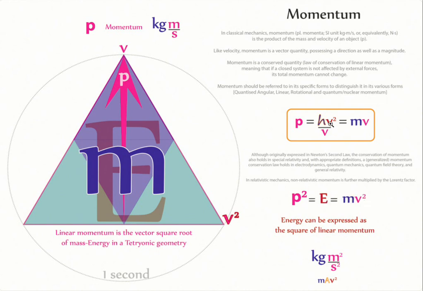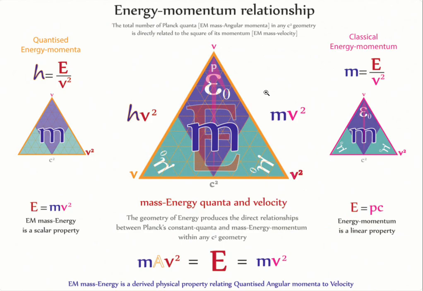We can quantize that obviously using the equilateral geometries, giving us mass geometries or Planck's constant, to give us the quantized or quantum mechanical interpretation of classical mass velocity and the relationship between the two, between classical and quantum mechanics, thus unifying the fields.